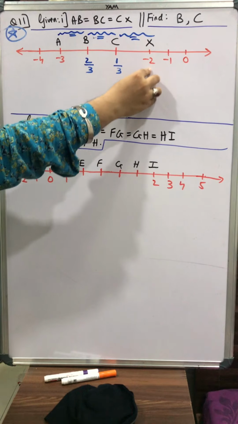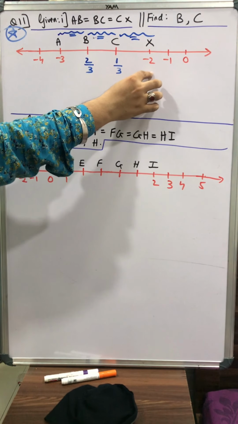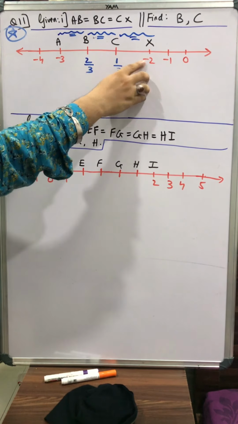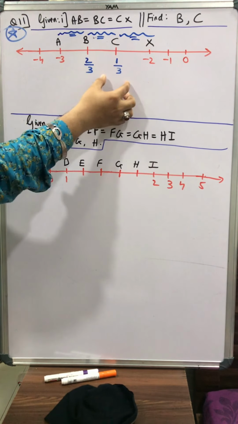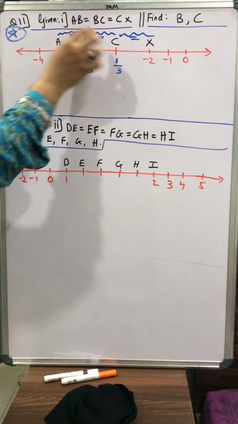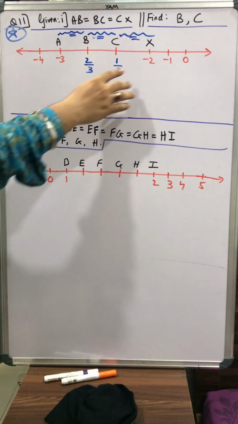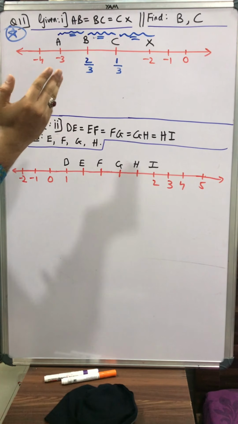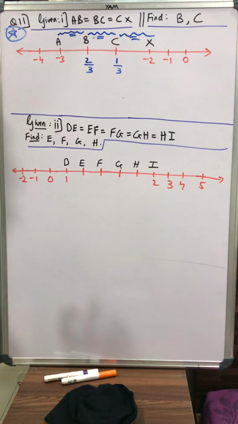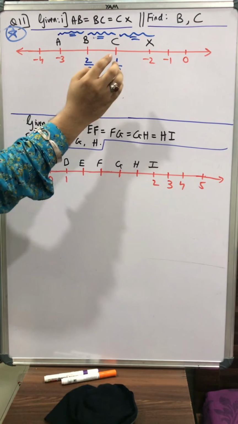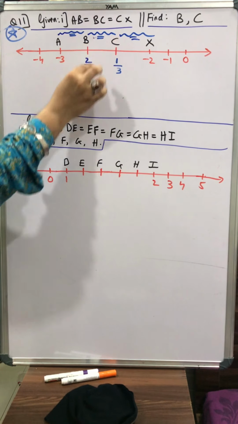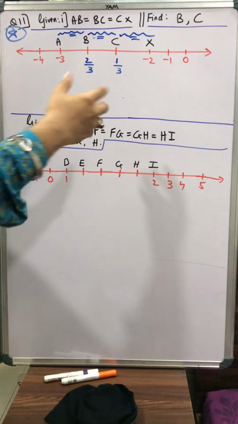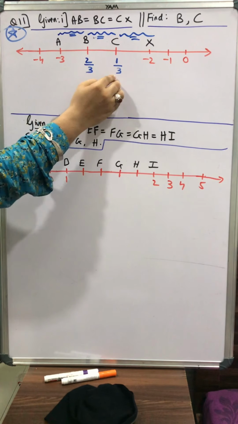If my 2 is here, till here, my 2 is the value of X. For a second, just don't see this minus sign. 2 is the value of X. So if I add this part, which is 1/3, to 2, then only I can reach C. Okay, I know it's a minus. Minus just shows the direction. We went to the left hand side, therefore minus came. On the number line, we went to the left hand side, so minus came. For now, the value of X is 2. So if I add one small part to this 2, then only I can reach point C. So I have to increase, we added something to 2, then only we reach till here.